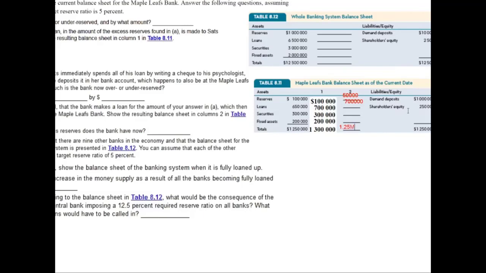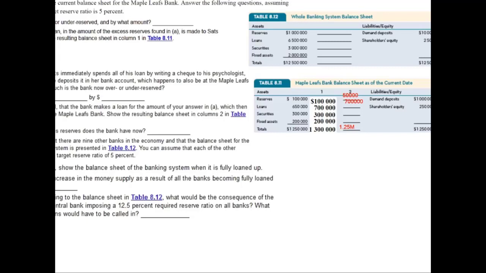So what's happening over here? We know on this whole side, we're going to have to reduce it by 50,000. And deposits, did they increase or decrease? Anyone? So when this person withdrew their money from the bank, what happened to the amount in their checking account? It fell by 50,000. Okay. So our demand deposits are going to decrease by that amount.